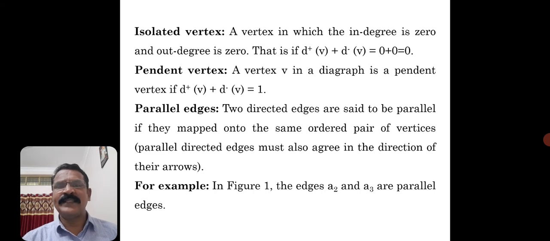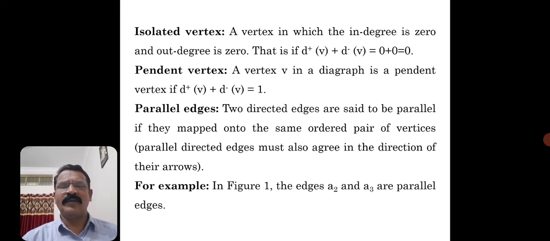Either one edge is incident out of the vertex or one edge is incident into the vertex, either of the two. If it is both incident out and incident into, the sum of the degrees will be 2. So therefore, either incident out or incident into. In that case, that vertex will be a pendant vertex.